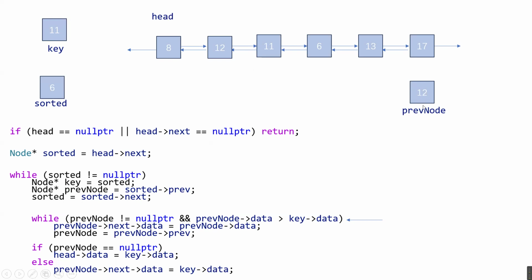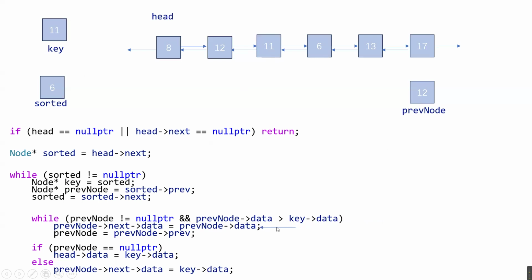That is this one, the 12. Because if we're using a singly linked list, we need to compare from the first one and traverse all the elements to the last one. But if we're using a doubly linked list, we can very conveniently compare with the last one. We compare the 11 with the 12. And the 11 is greater than the 12.